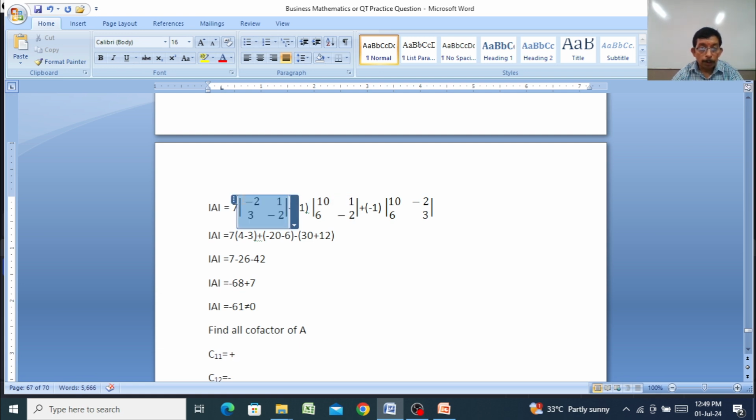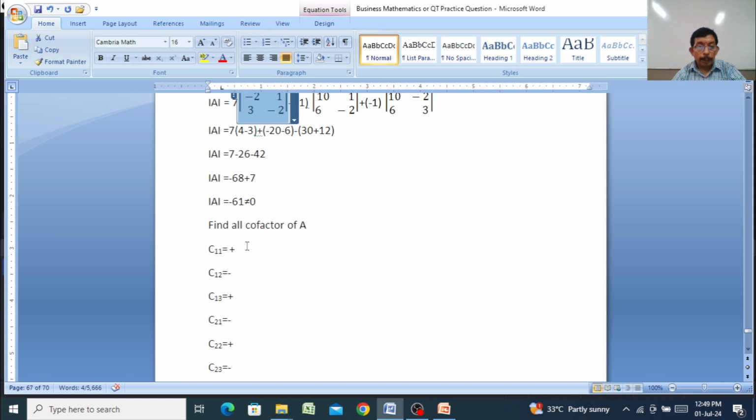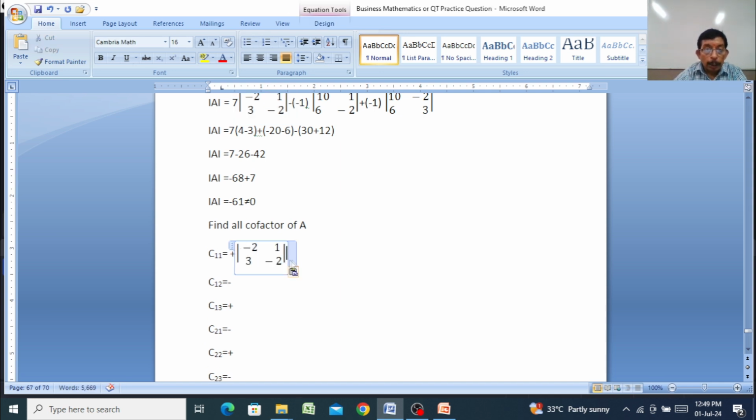Now C11: first row, first column element cancel out, and the remaining elements form the determinant, and the value is -2 -2 4, -3, the value is equal to 1. Is it clear?